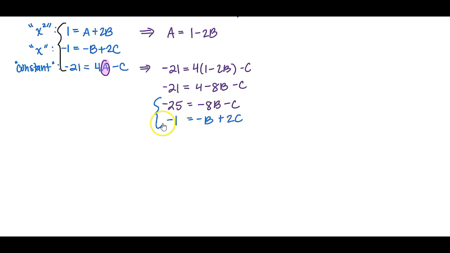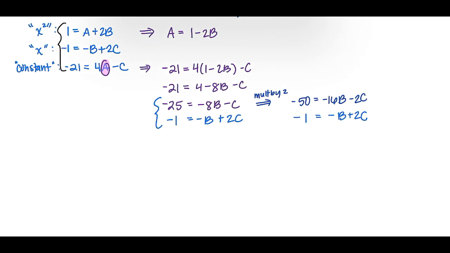This will be a minus 2c if I multiply that top by a positive 2. So I'll get -50 equals -16b minus 2c. And the bottom equation was the same, -1 equals -b plus 2c.